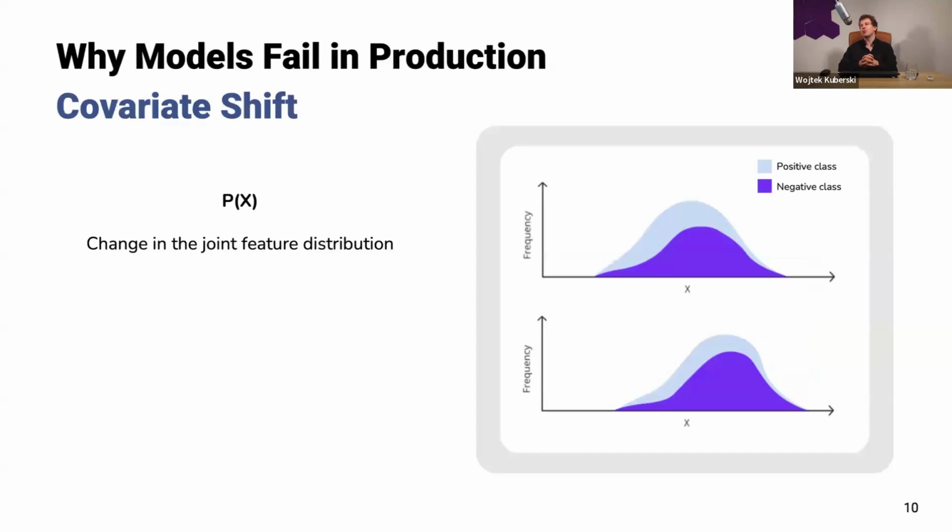Now, the second issue here, or the second reason why models can fail in production, is covariate shift. Covariate shift is simply a change in the joint feature distribution. So if we look at a one-dimensional feature, one feature or one-dimensional model input space, if we just observe a change across that distribution, we're dealing with covariate shift.